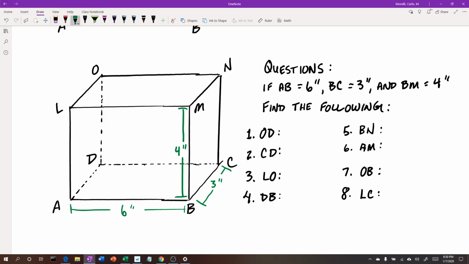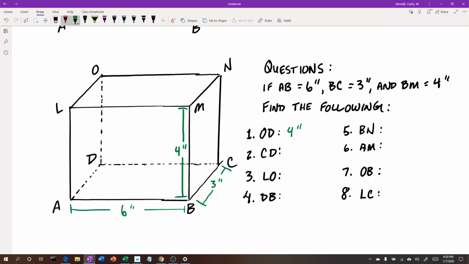So what do they want to know? OD? Okay, well that's easy. OD is going to be equal to BM. So OD is 4 inches. That was easy. CD is going to be equal to BA, right?